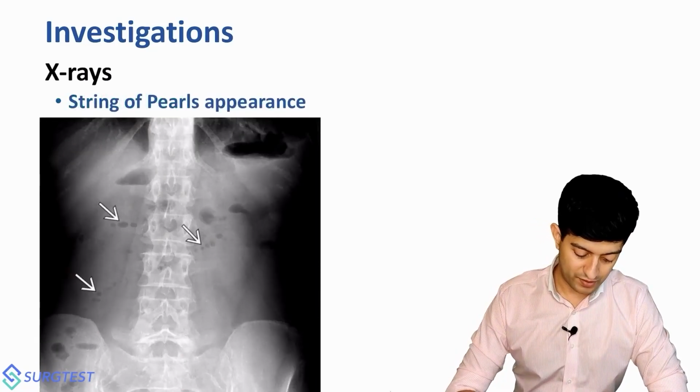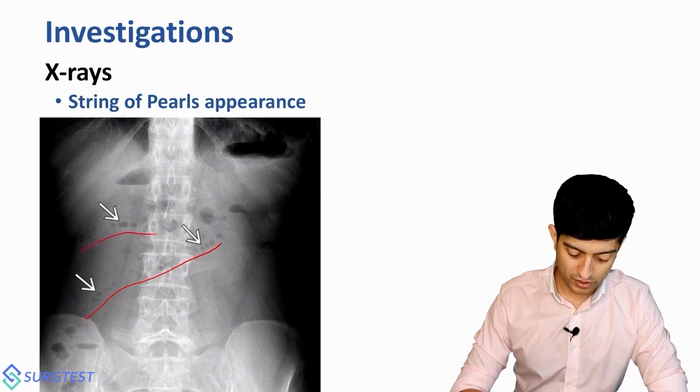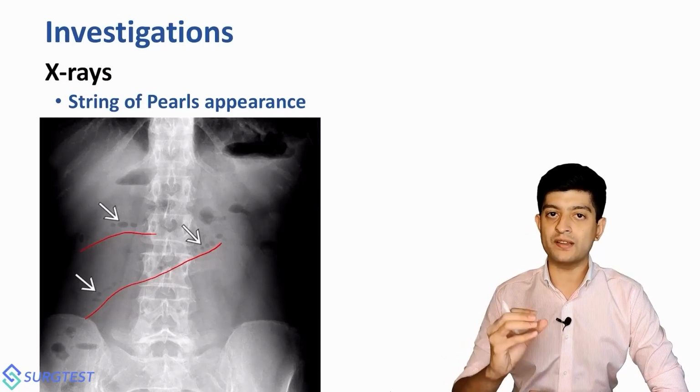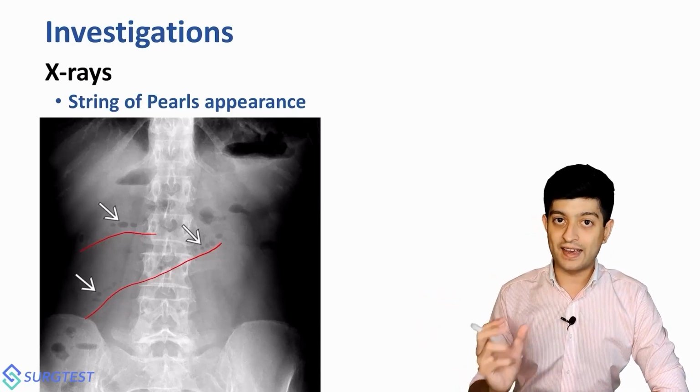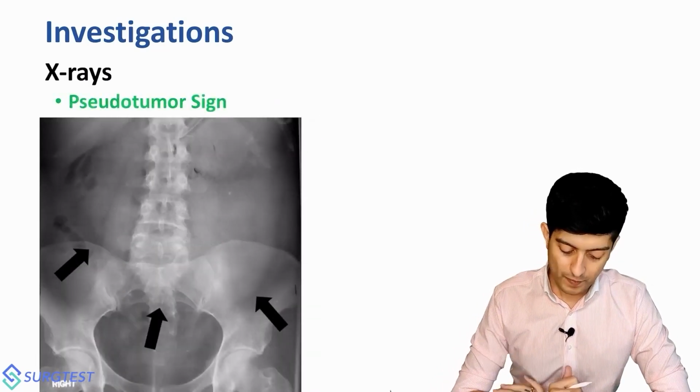A string of pearls appearance can occur in fairly advanced obstruction. This is when small pockets of air get caught between the valvulae conniventes, and this air gets picked up as this string of pearls sign on X-ray.